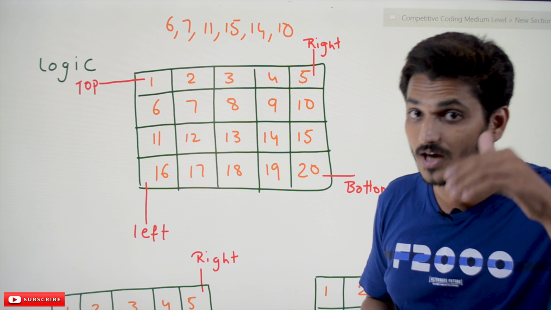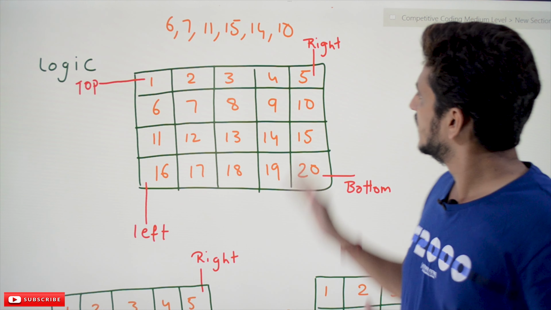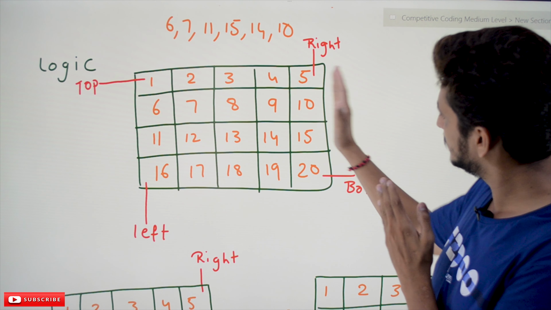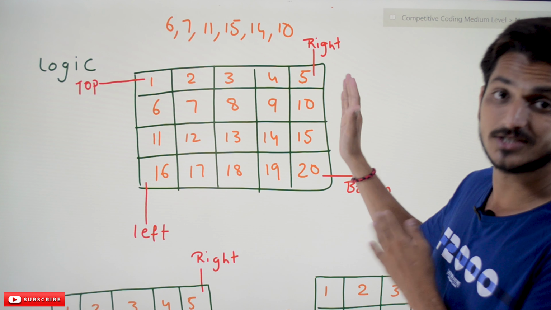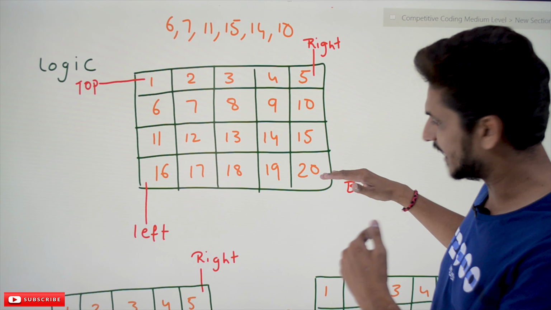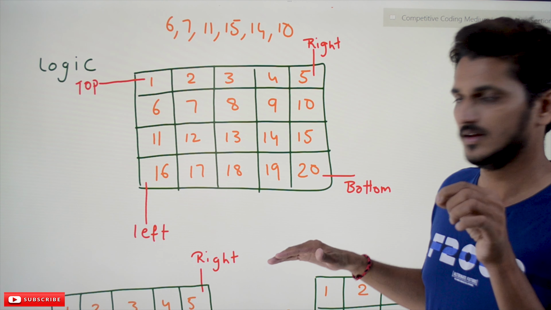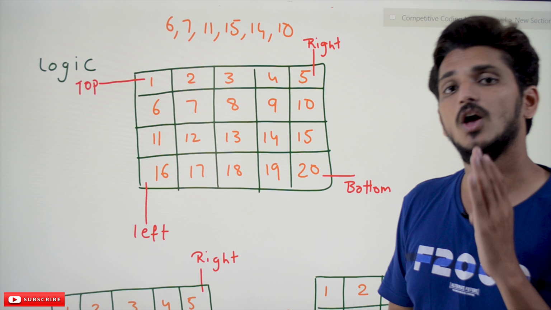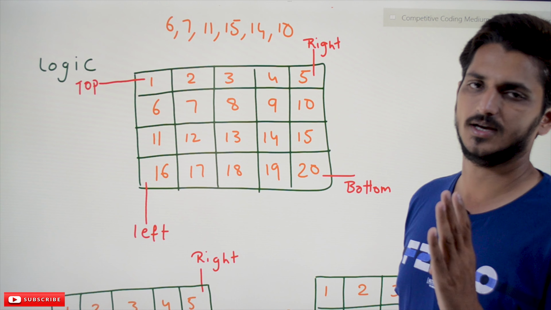The right variable mentions the right column that is not yet displayed. Bottom notes the bottom line that is not yet displayed. The same way, left is used. This is how we are using 4 variables.